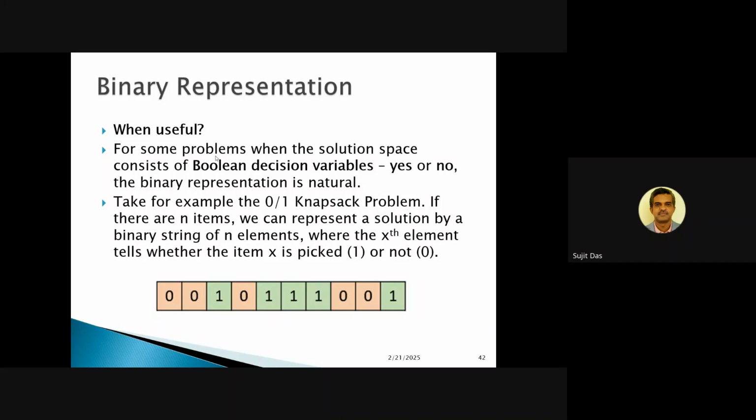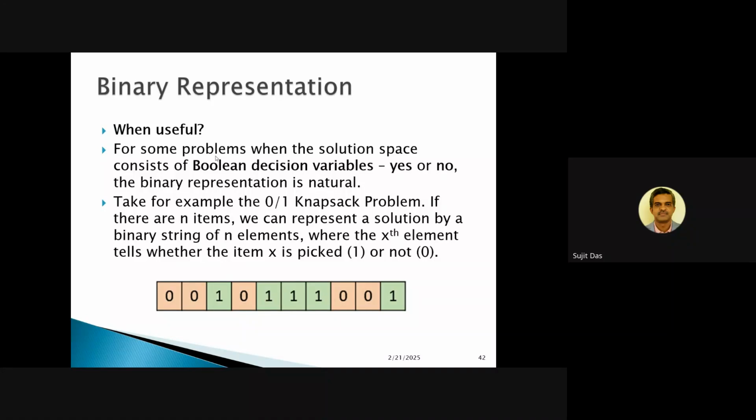Binary encoding may be fruitful only for those problems where each problem parameter can have two values, either 0 or 1. If you know the knapsack problem, or rather I should say the 0-1 knapsack problem, that can be represented using this binary encoding technique.